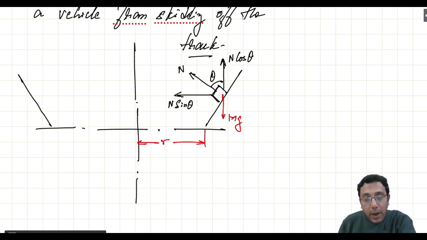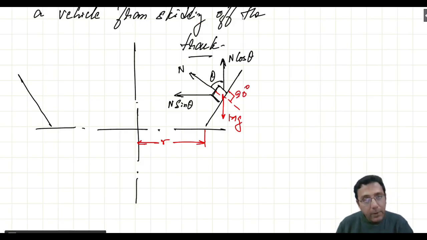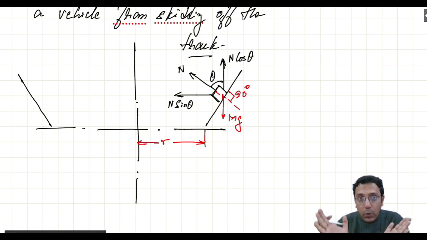When the body is on an inclined plane, the normal reaction force is perpendicular to the surface, let's say at 90 degrees. So this normal reaction force will have a component n sin theta towards the center. So n sin theta will act when the body is negotiating a banked road.